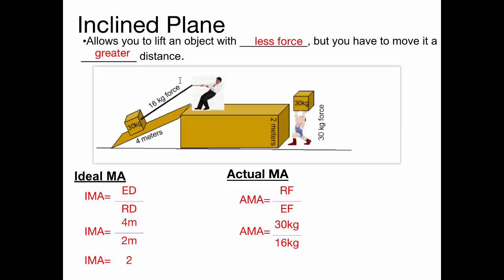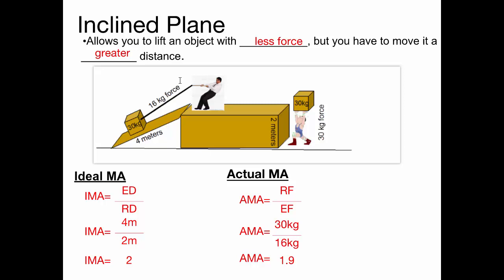You will need your calculator in this unit. So what do you get here for the actual mechanical advantage of this inclined plane? Karina? 1.88, we'll round to 1.9.